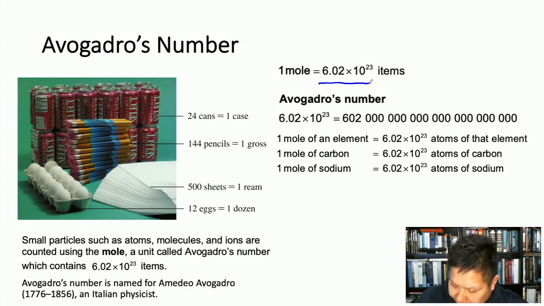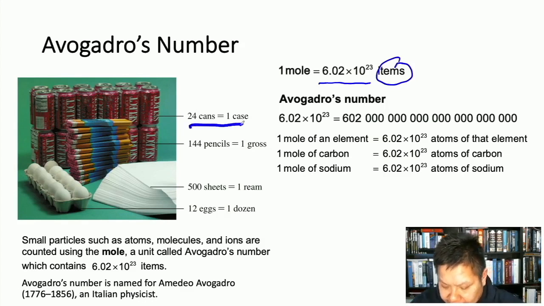So what do I mean by items? Well, it could be any item, completely anything. It's the same as saying, for example, 1 case of Coke cans has 24 cans in it. So 1 mole of something has 6.02 times 10 to the 23rd items in it, which is Avogadro's number.